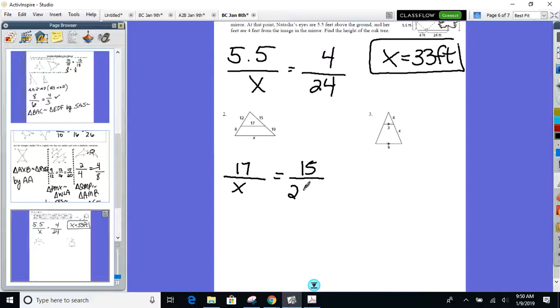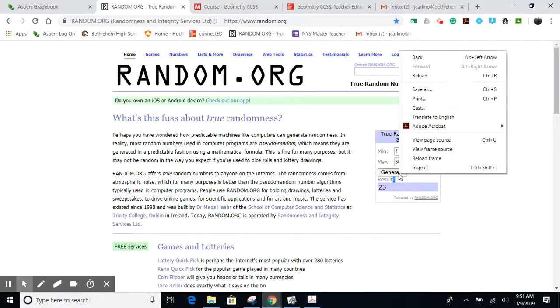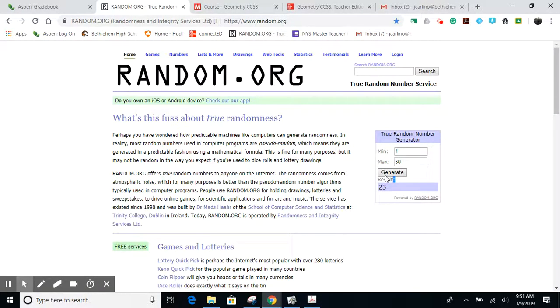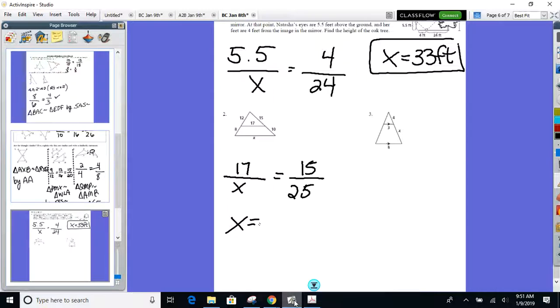Are we all right why I'm putting 25 here and not 10? 10 is not a full side. I need a full side that corresponds with 15. You will get a little decimal action out of here, so don't freak out as you start computing this right now. Whenever you're ready there, 23 again, whenever you're ready, Emma.